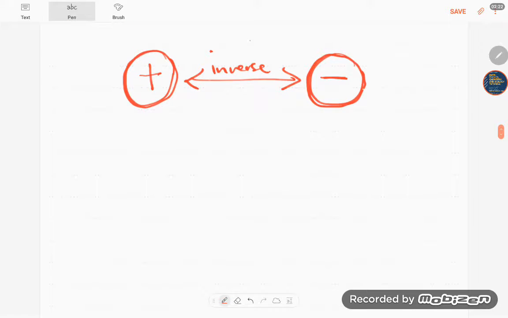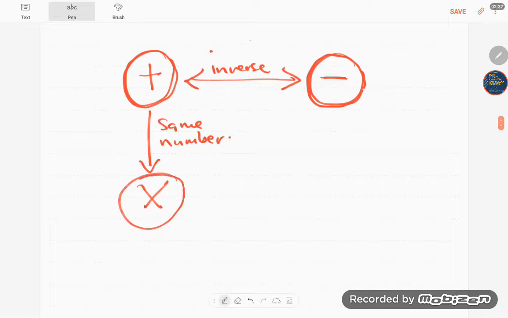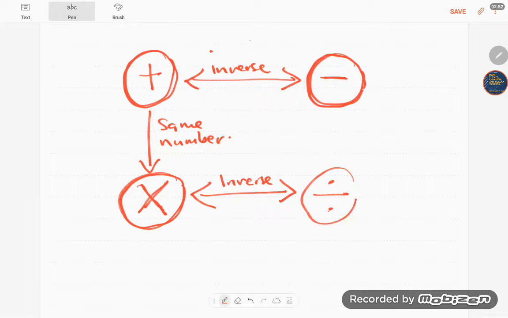Okay, and what then happened was we also had to add the same number a couple of times. If you think about it, adding the same number a couple of times is what brought about multiplication. Once we learned about multiplication, we also had to learn the inverse process, which we call division.